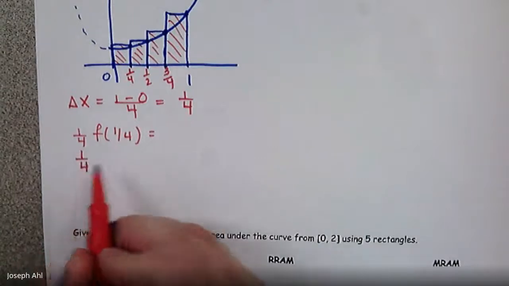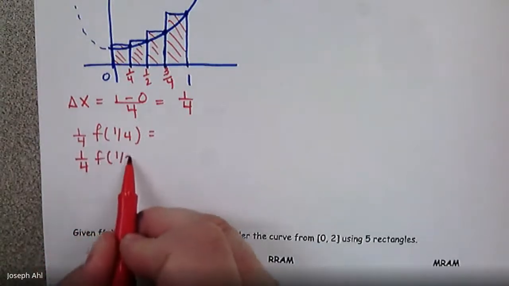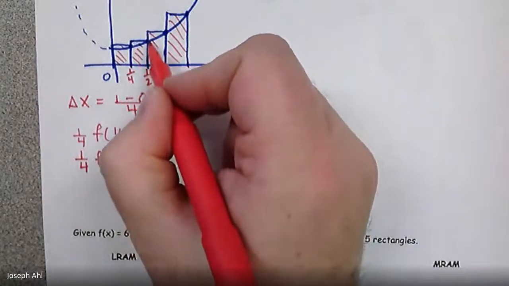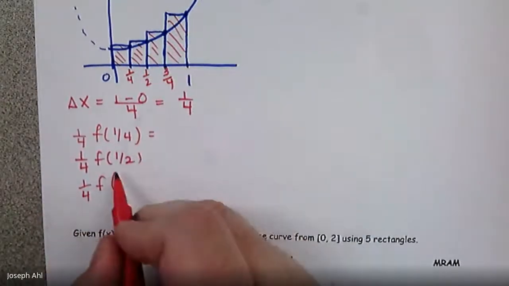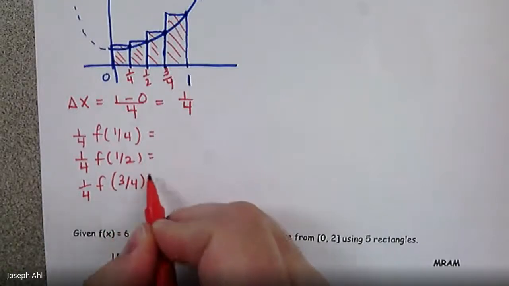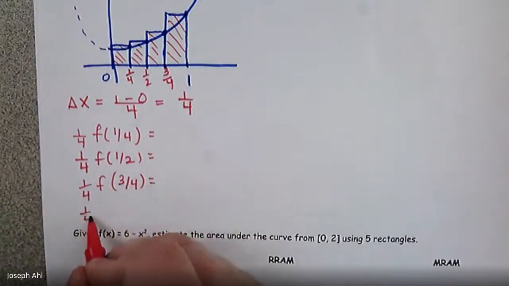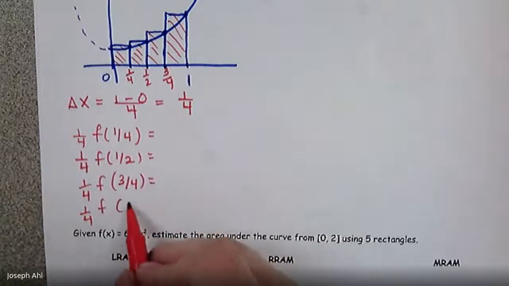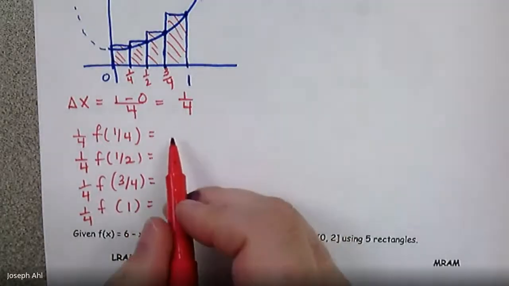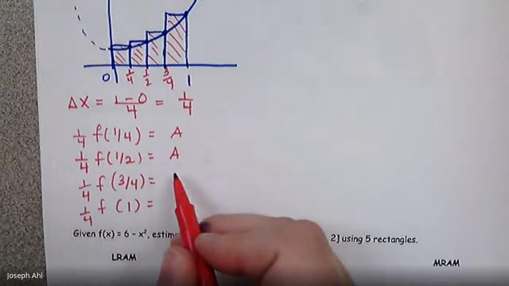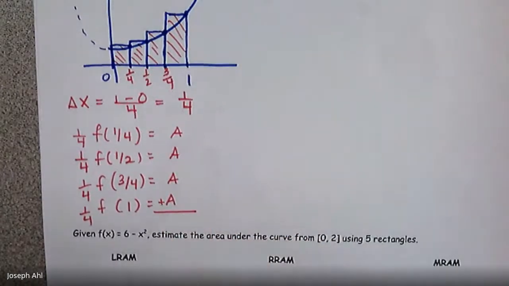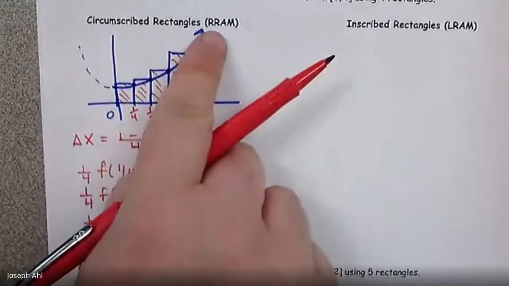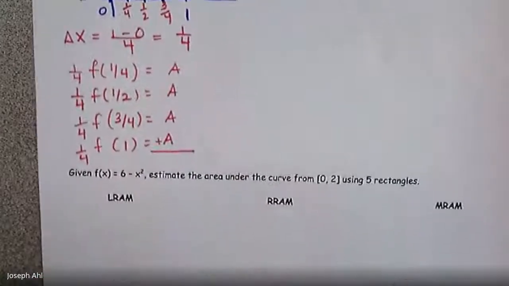And then again, each base is 1/4, but then that's going to get multiplied by f of 1/2 for the next height. 1/4 times f of 3/4. And then finally 1/4 times f of 1 is where that last height is. So you would find each of these areas and then add them up to get your total area under the curve using a right rectangular approximation.